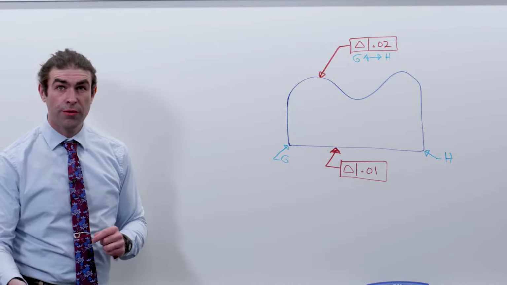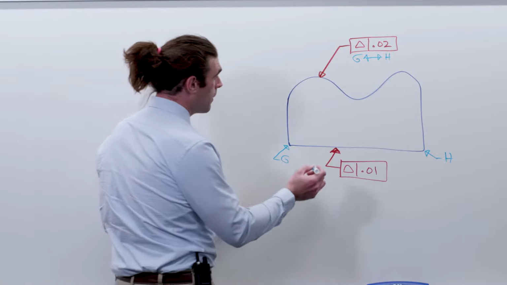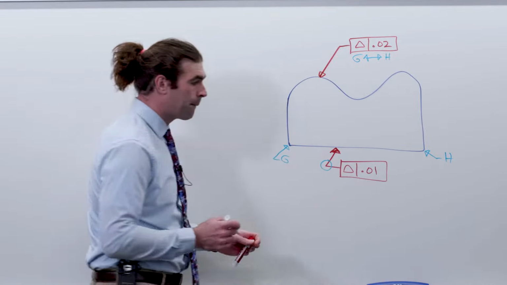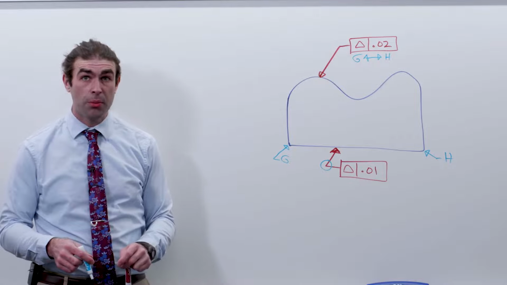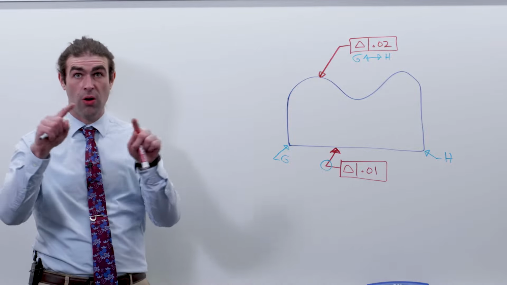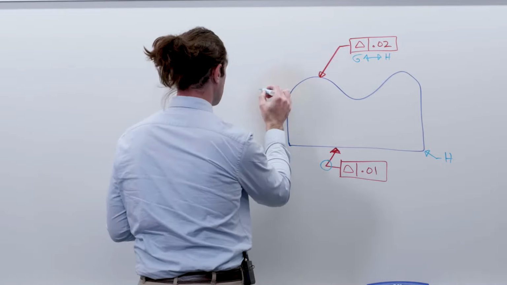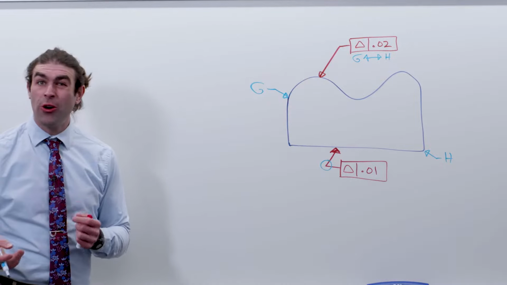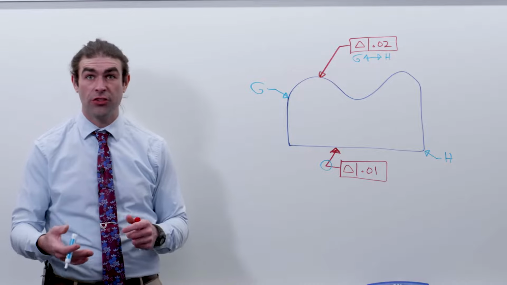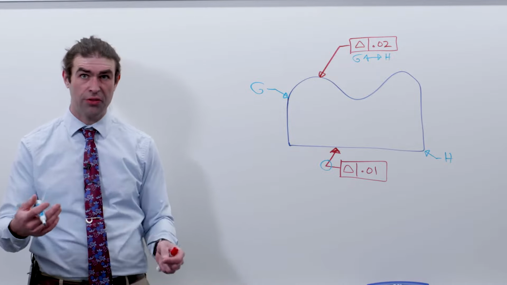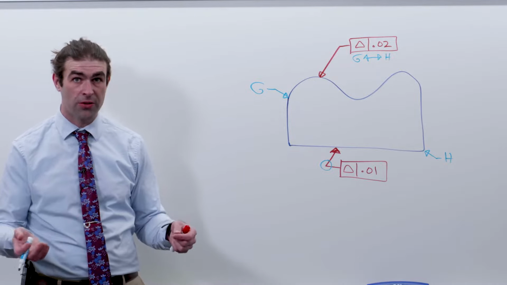You saw me do it before. You can also use the all around symbol if you want the profile to just go around the whole part. What can happen, especially as drawings start to get revised and changed, is it can get a little confusing as to which tolerance applies where.